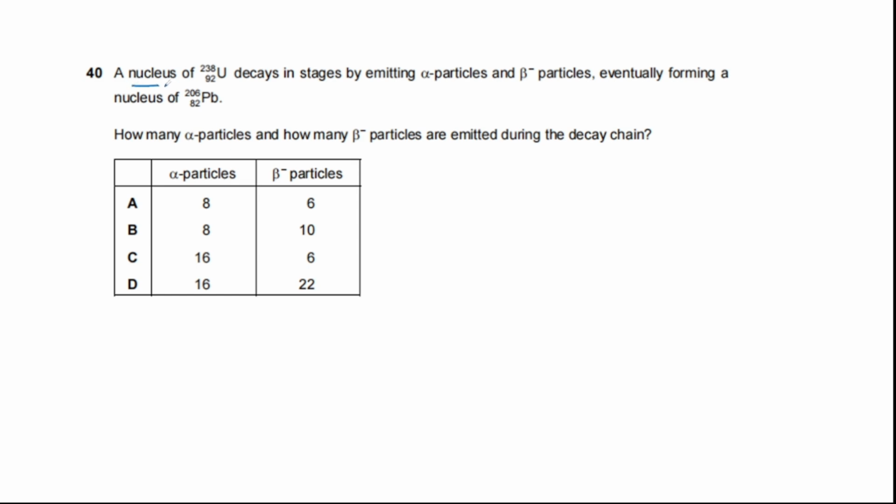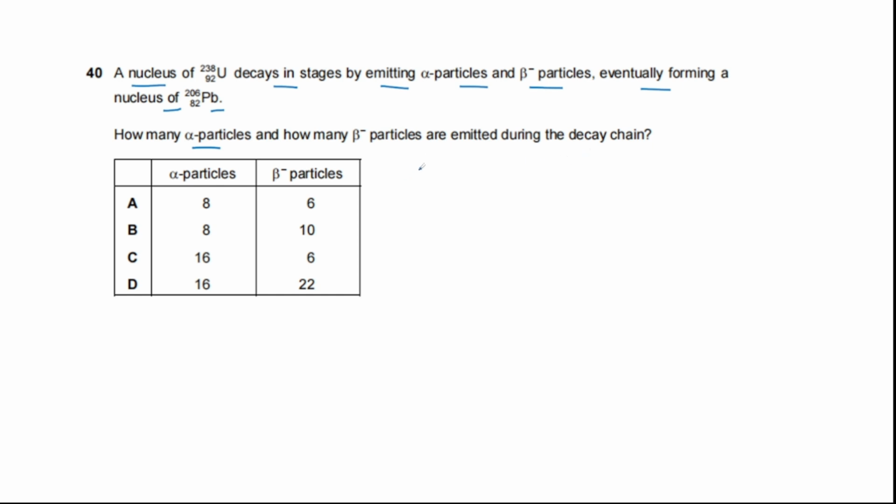Question number 40. A nucleus of uranium-238 decays in stages by emitting alpha particles and beta minus particles, eventually forming a nucleus of lead-206. How many alpha particles and how many beta minus particles are emitted during the decay chain?